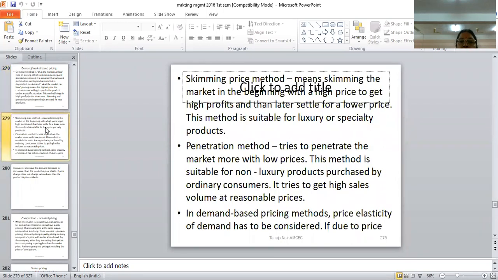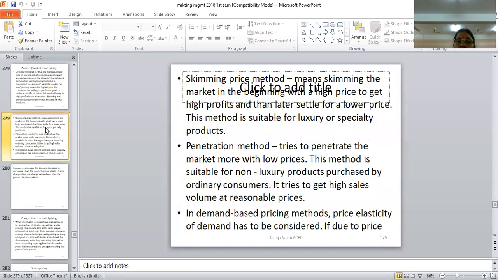Skimming pricing method is usually followed for luxury products or for specialty products. These kind of products are introduced in the beginning at a very high price, and then later on the price goes down. So why is the skimming price method used?